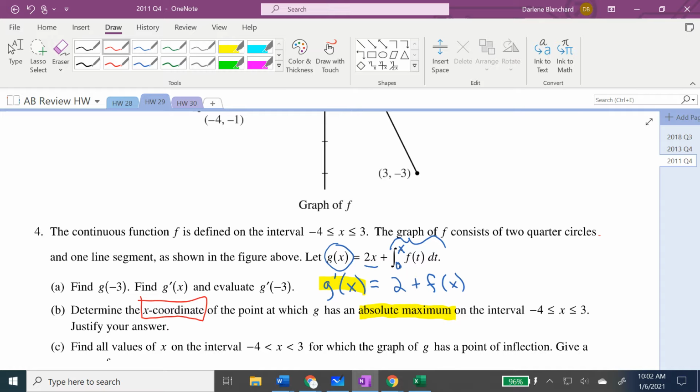When I take a deeper look at what's going on with this function, I'm determining the x coordinate at which g has an absolute maximum. I need to find the critical numbers of g.